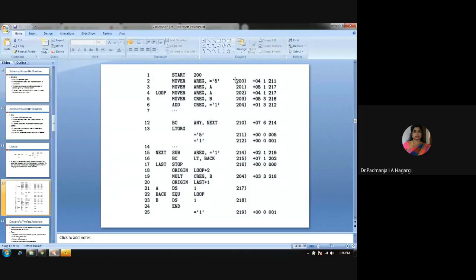MOVR code is 4, and AREG category is 1, and 5 is kept blank here because it is treated as a forward reference. Next, MOVM is opcode 5, and operand 1 AREG is 1, and A is also a forward reference.